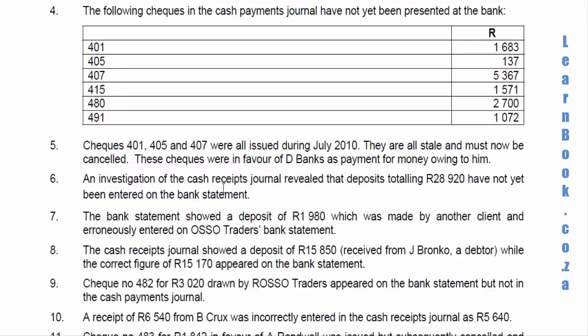6. An investigation of the cash receipts journal revealed that deposits totaling 28,920 have not yet been entered on the bank statements. These amounts here have not been entered on the bank statement, so they need to be carried over to the bank reconciliation statement.